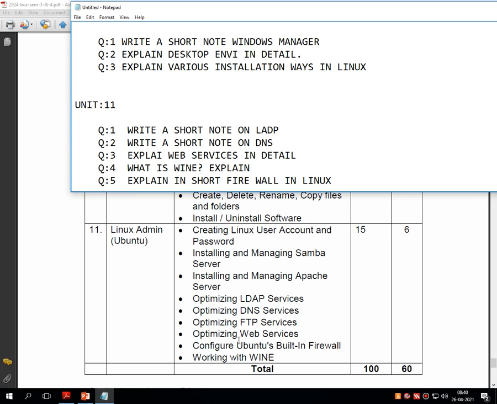So I request all the students to go through all the questions and prepare yourself by writing appropriate answers into the notebook, and even read the textbook carefully which has been provided by the college library. Over here we are declaring our syllabus to be completed for CS22 Operating System Concept using Linux and Unix in BCA semester number 4.